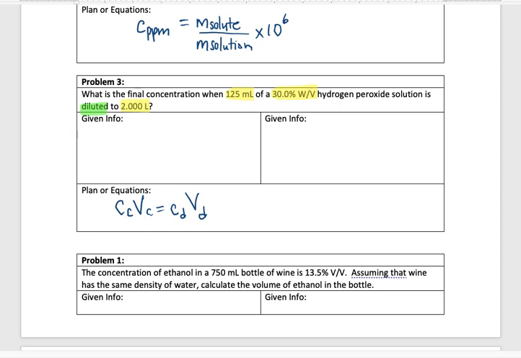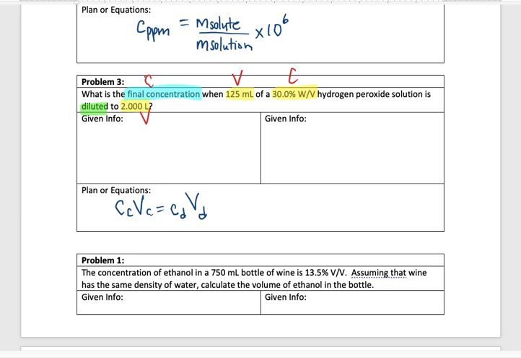From there, work on identifying all the information. I don't really read the problem first, I just look at all the units and identify them: volume, percent weight per volume, oh yeah, that's concentration. Then I read through the problem to see specifically what I have. What is the final concentration? So we have to find this, and that one's a C as well.